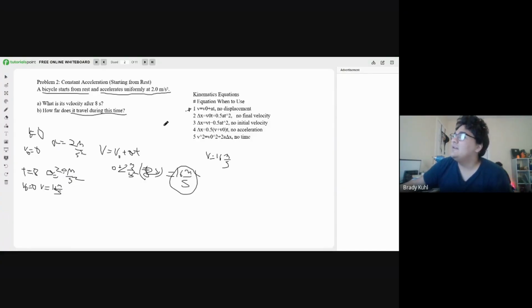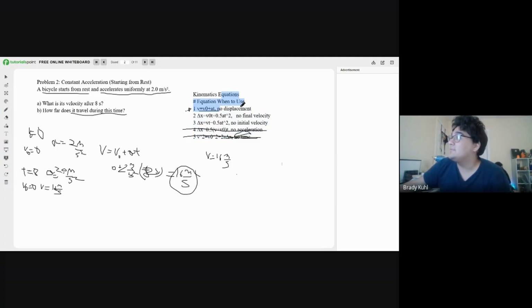And now let's see, they want the displacement. So let's see, do we have a final velocity? Yes. Do we have an initial velocity? Yes. That indicates a formula that doesn't work, because we have acceleration, and that's also not the case because we have time. There's no displacement, though.